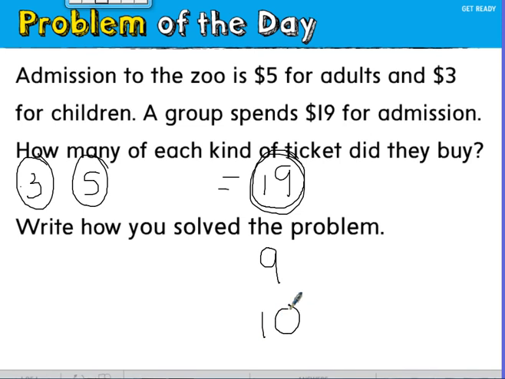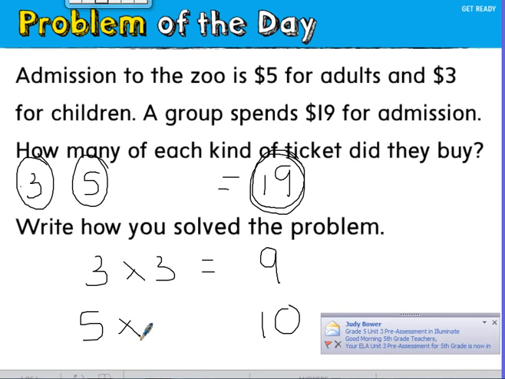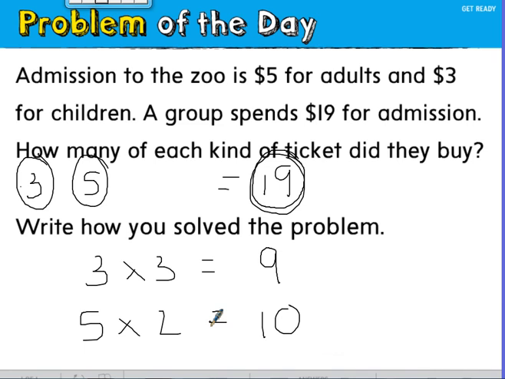So you said that my 3 times 3 is going to give me 9, and 5 times 2 is going to give me 10. Correct? Okay. Now that we've established that, what we actually need to do is put these together. Okay?